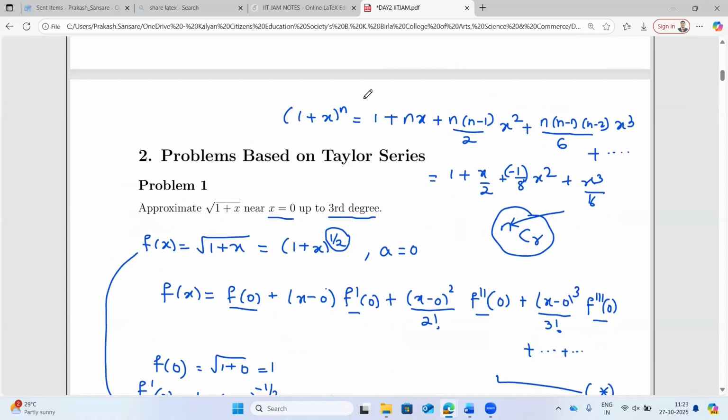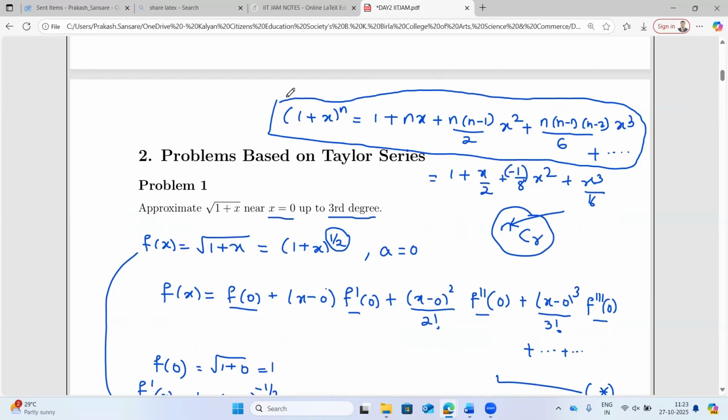But then you need to know this formula. So basically this is Taylor series expansion only. How did you get this formula?